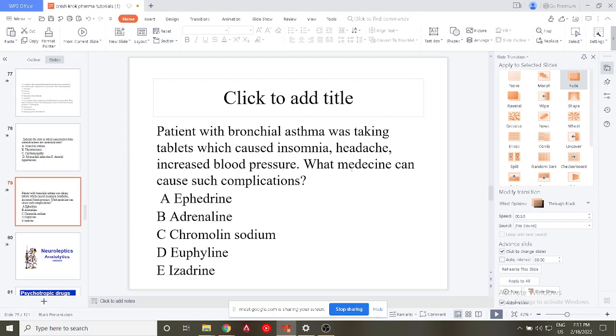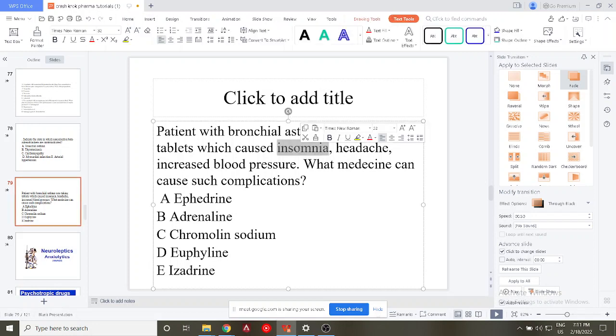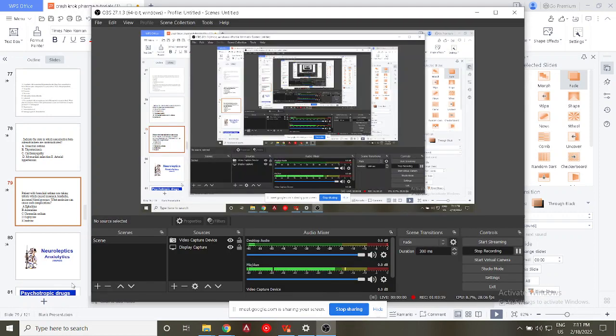A patient with bronchial asthma was taking tablets which caused insomnia, headache, increased blood pressure. What medicine can cause such a complication? Ephedrine. Yes, so if you see insomnia, it's a marker for ephedrine. Take notes.